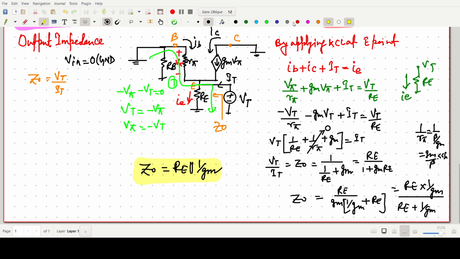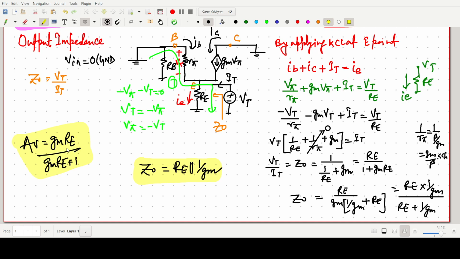The Av value we have calculated: Av equals gm Re by gm Re plus 1. This one also we have calculated. One more thing is still left, input impedance.